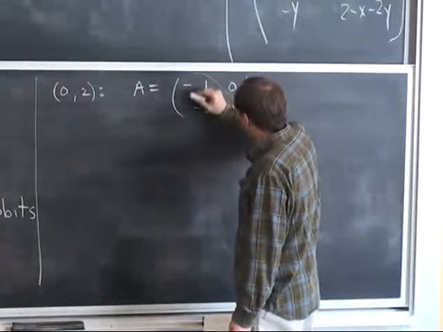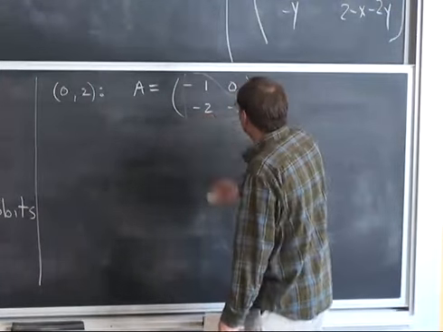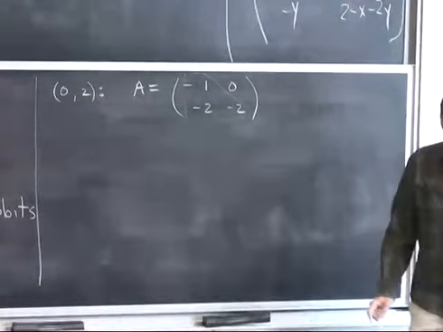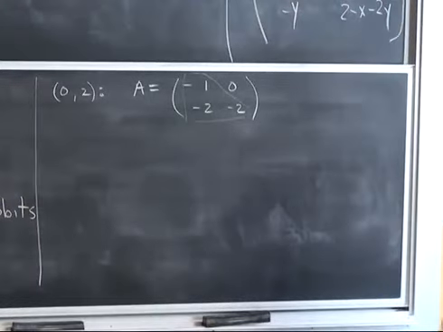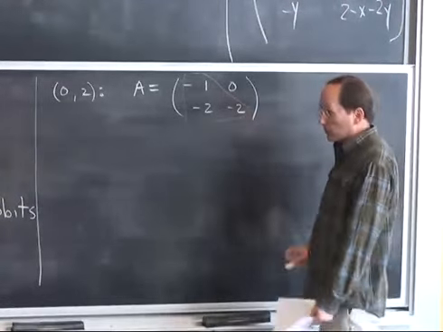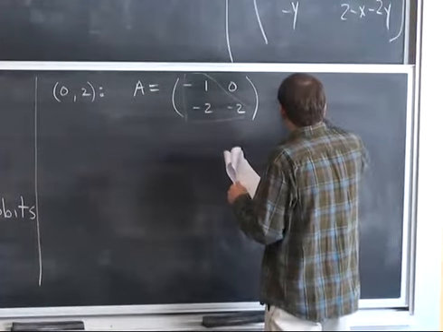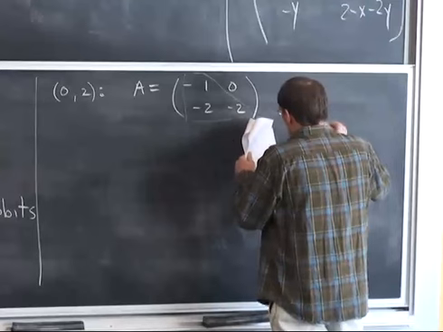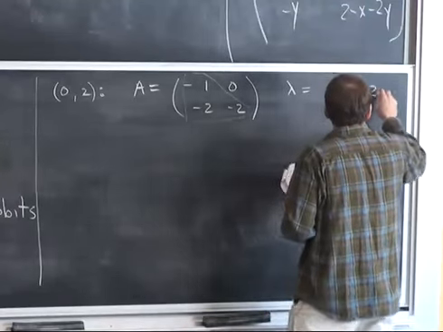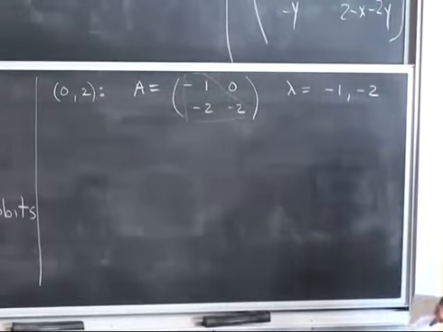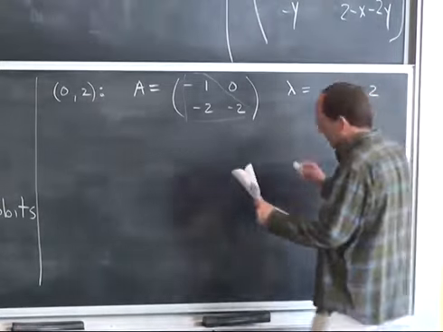It's got all its stuff in there, and there's a 0 up on the top. So that actually is also one where you can read off the eigenvalues by just looking at the diagonal. And so this has lambdas equal -1 and -2. And that means that's a stable node.